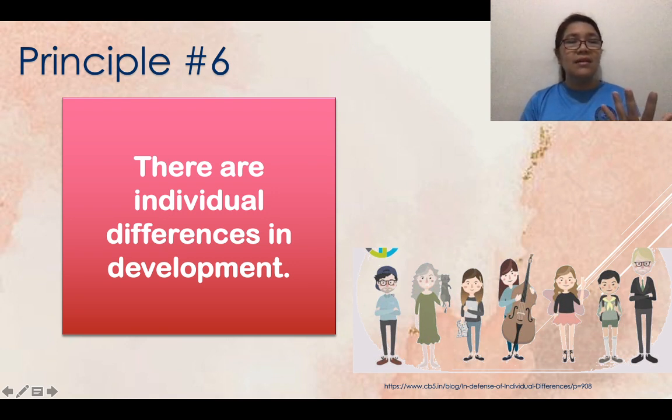If the parents value education, they really make the child study and the child loves going to school. So his point of view on education is different from one whose family prioritizes work first. So, individual differences.